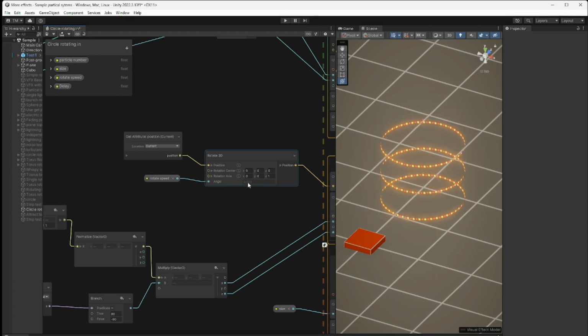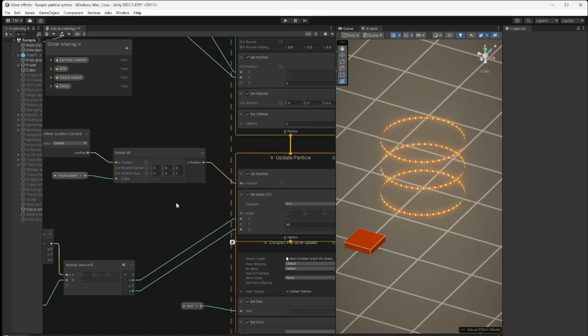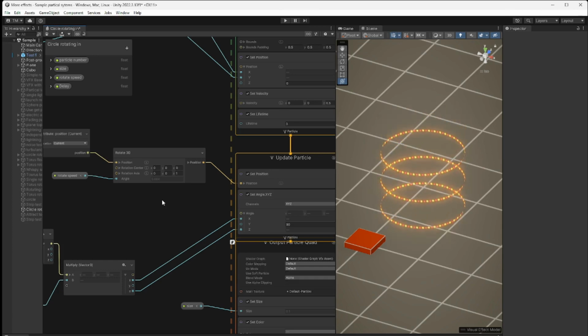And again, the rotate speed needs to be very small because this is feeding in on that update. And if you recall, the change in velocity happens many times per second. And this is going to update many times per second. And so that angle needs to be very small. And I assume it's the amount of angle it changes per update. And then I connected that to this rotate speed.